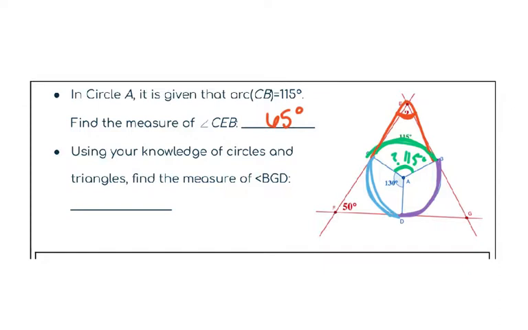Well, we have that the blue arc is 130. We know the green arc is 115. So 130 plus 115 should be 245.